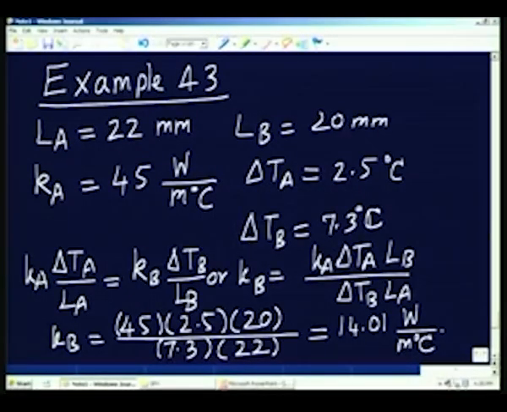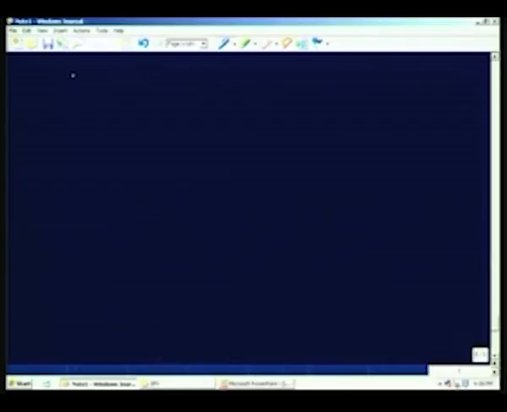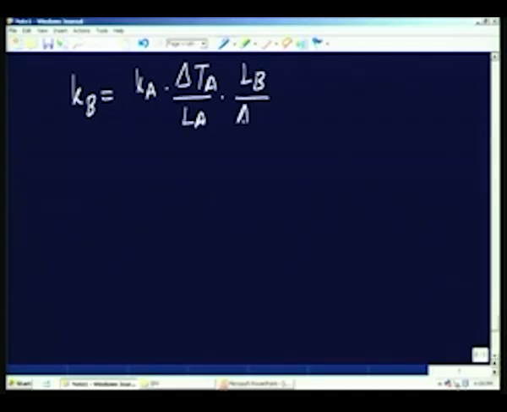Now, all I have to do is to calculate the uncertainties. I have to use this expression. So, we will go back here, Kb is equal to Ka multiplied by delta Ta by La multiplied by Lb divided by delta Tb.